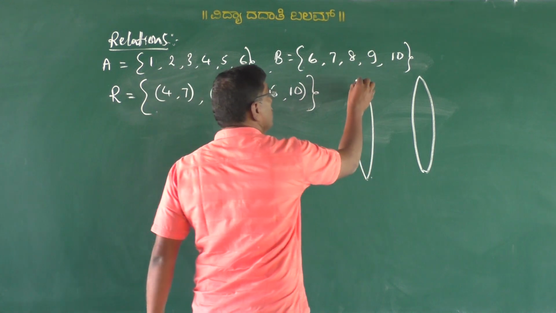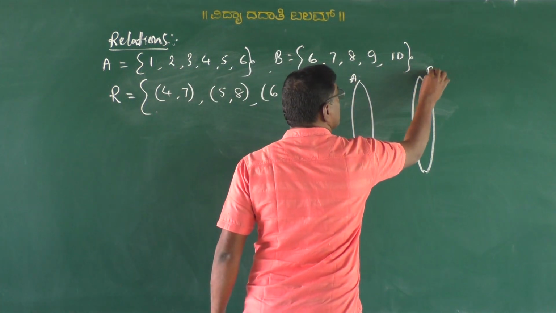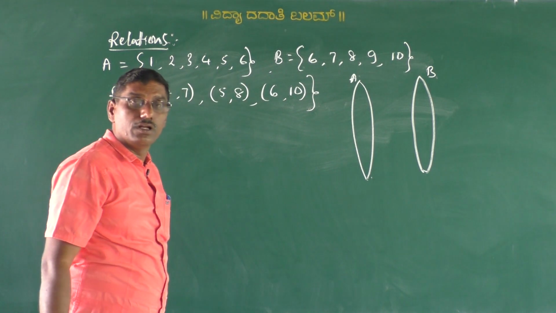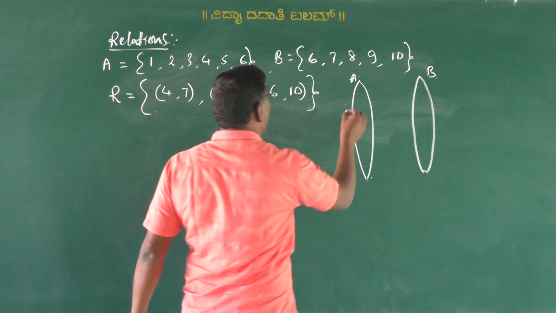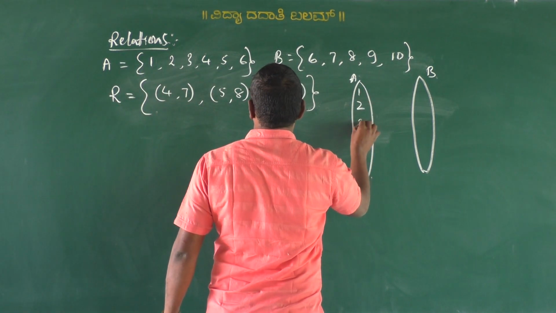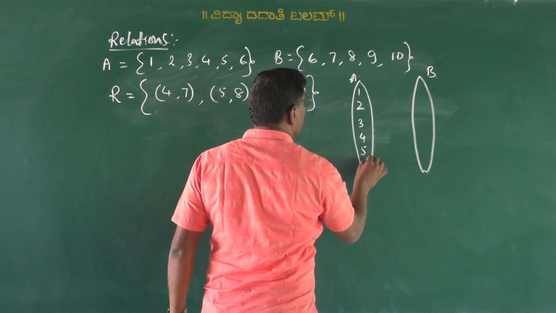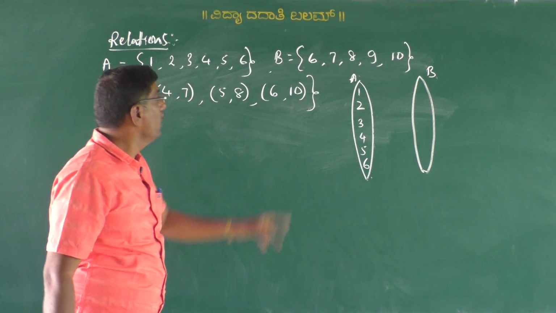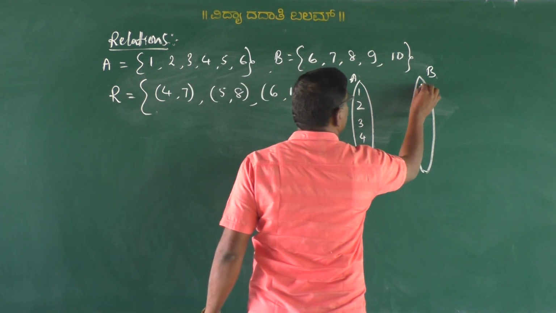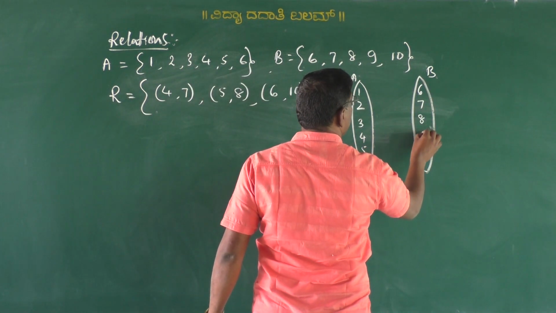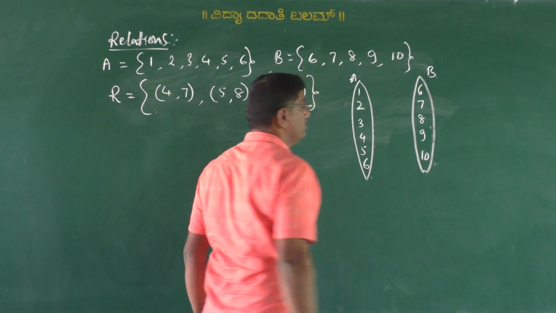This is the set A, this is the set B. The elements of A are 1, 2, 3, 4, 5, 6. The elements of B are 6, 7, 8, 9, 10.